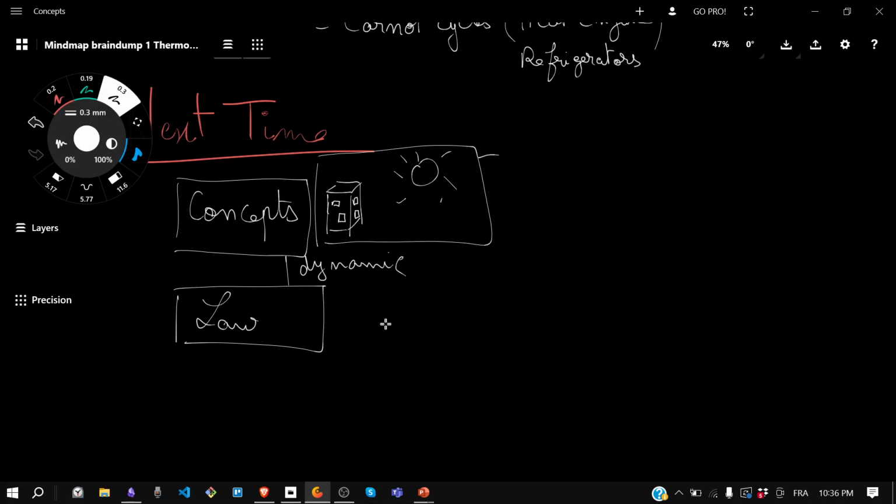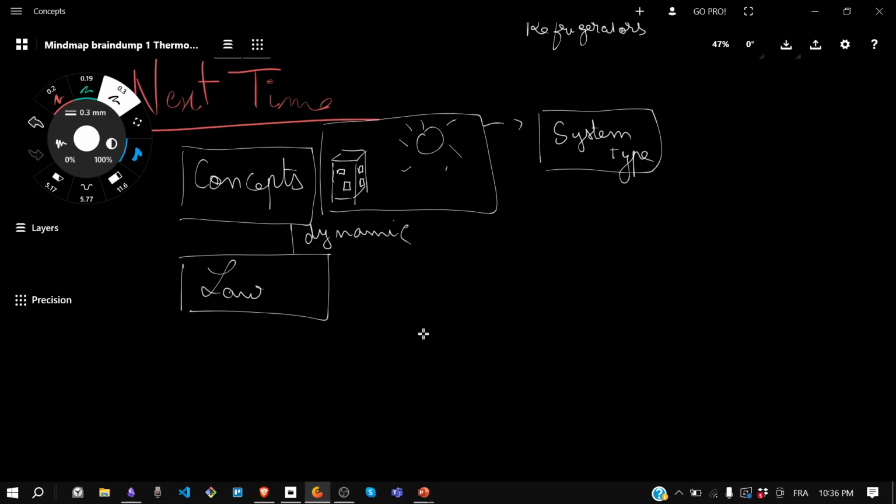Okay, and that would be, for the environment, the system type. And obviously the system type will be a defining factor of the concept. So the building will be purely dependent on its environment, so to speak. It's basically saying what type of building is this? What is it made of?